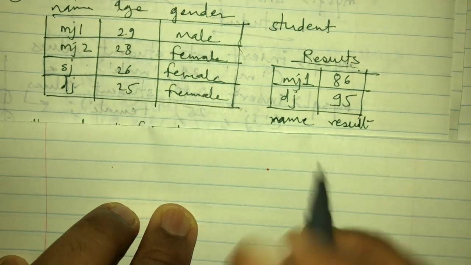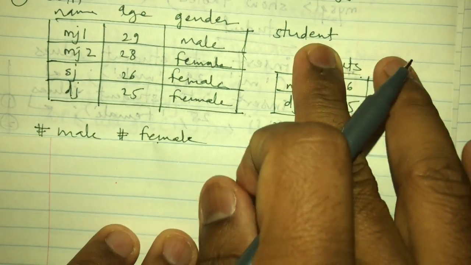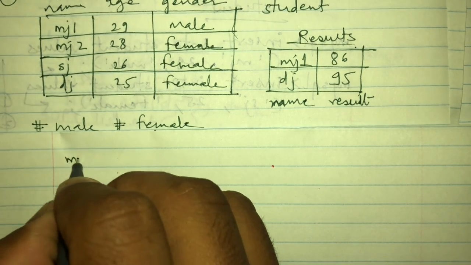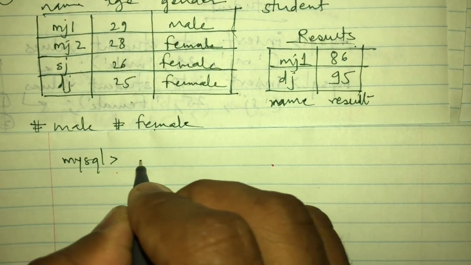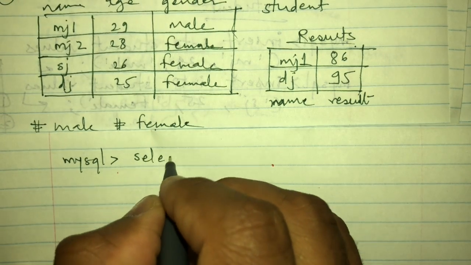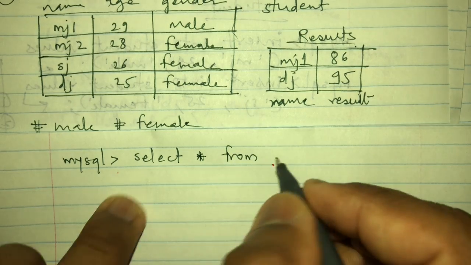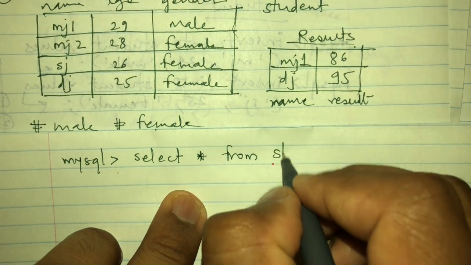So let's say I want to get the result of all the students, I can write this join condition. I can say give me everything, so I'll just say select star from the first table, which is the student table, student.